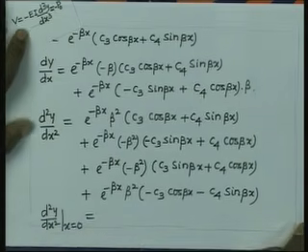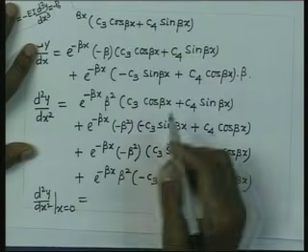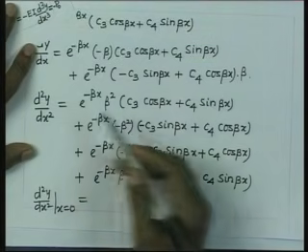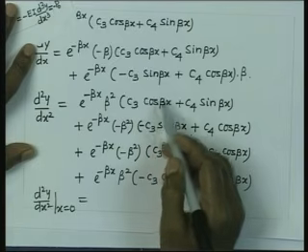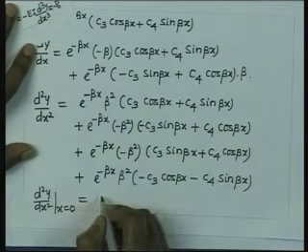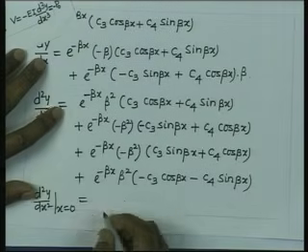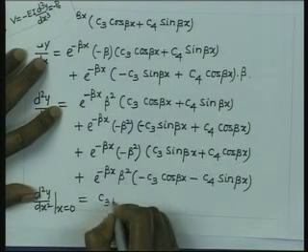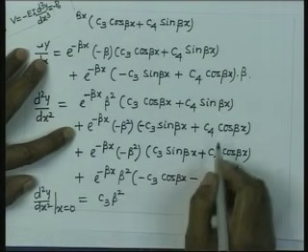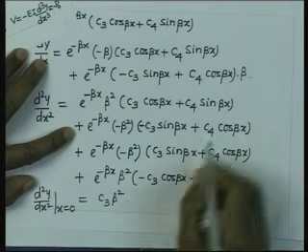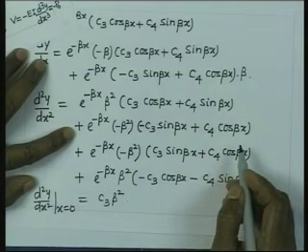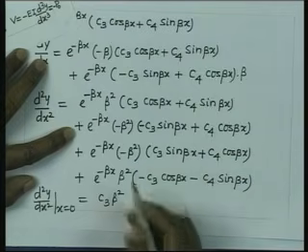If we now consider x equal to 0, the derivative at x equal to 0, then we have these terms will become unity, and then only cosine terms will give us contribution. Sorry, C3 beta square, and here it is C4 minus C4 beta square, and here also we are going to get C4 beta square.